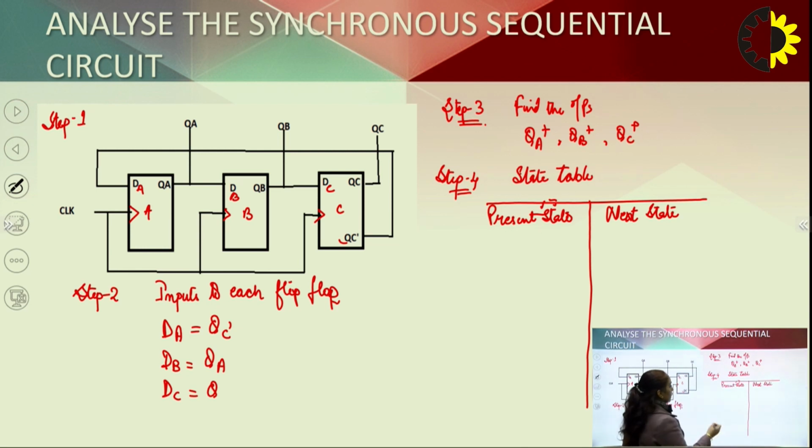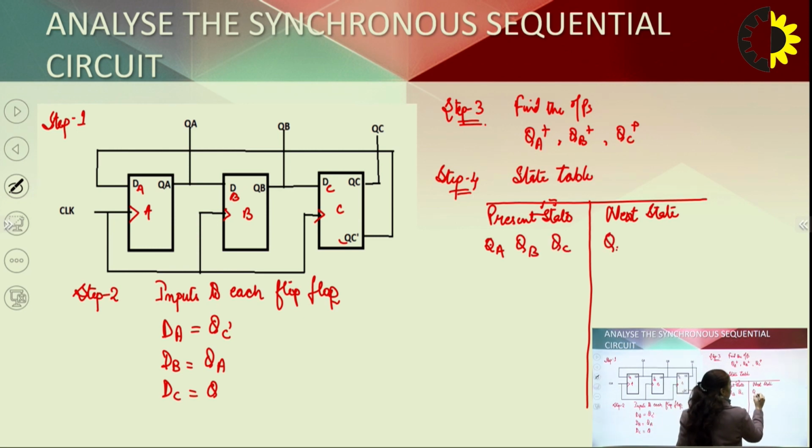Suppose your present state is represented by QA, QB and QC, and your next states are QA plus, QB plus and QC plus.